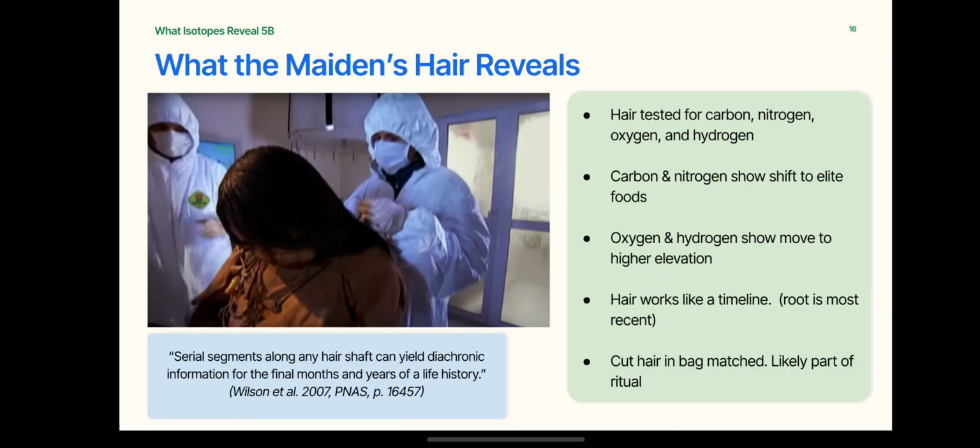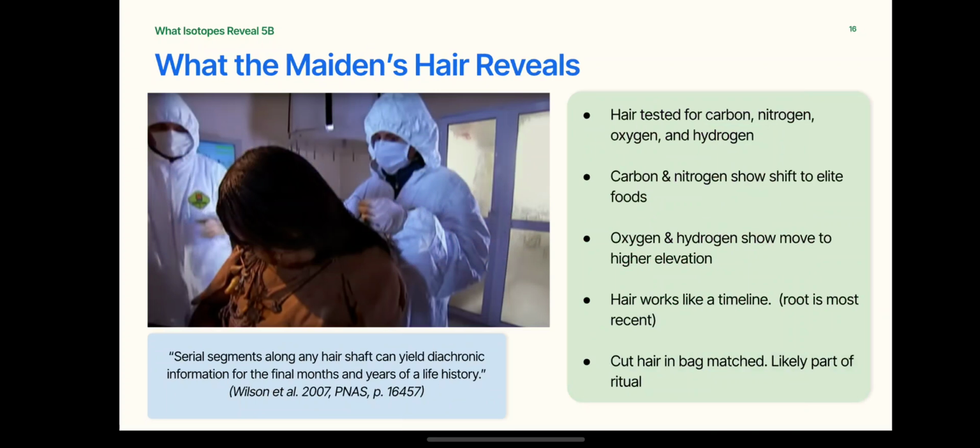That means she began eating more elite foods like maize and meat, probably prepared for a sacrifice. They also noticed changes in her oxygen and hydrogen isotopes, showing she was moved to a much higher elevation in her final months.